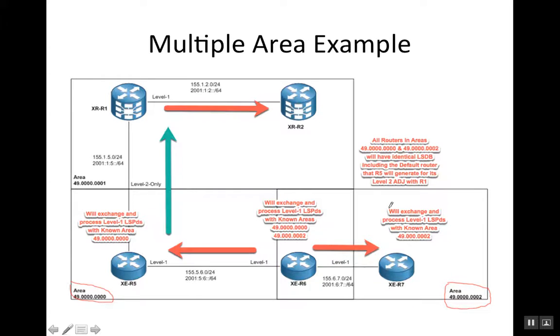Now, he will exchange and process all level 1 LSPs known with area 49.0000.0002, and he'll process the same thing with all 0.0.0.0. But because the actual link state database is built based off the level, not the area, you're going to have full synchronization between router 5, 6, and 7. So router 7 actually sees the same topology table as router 6 and 5, even though it's in different areas.